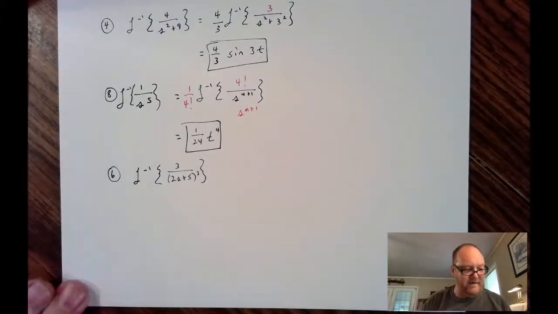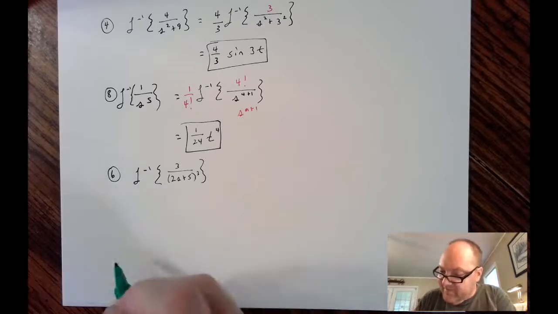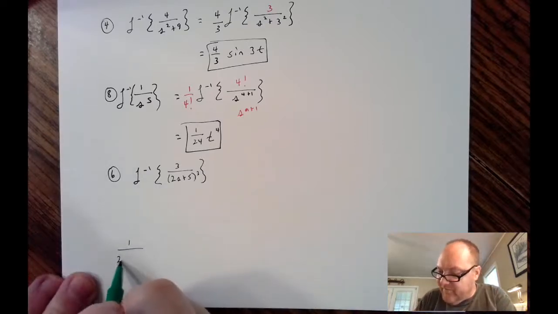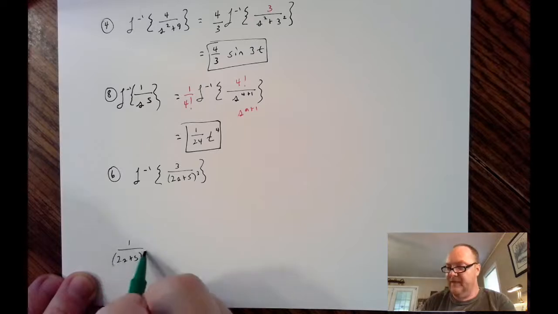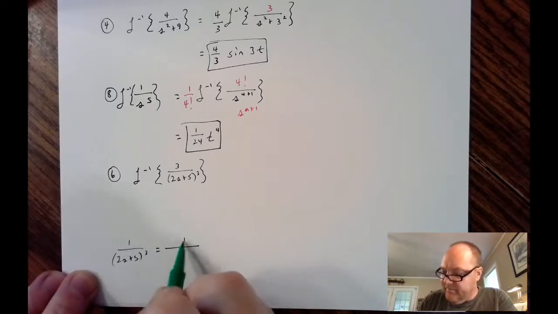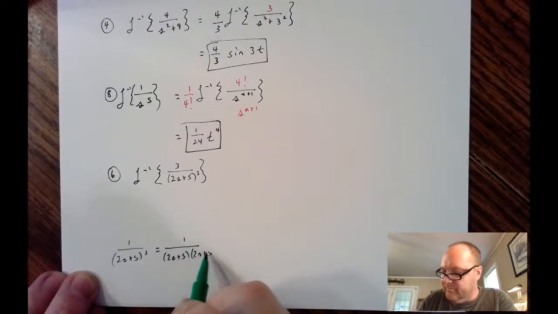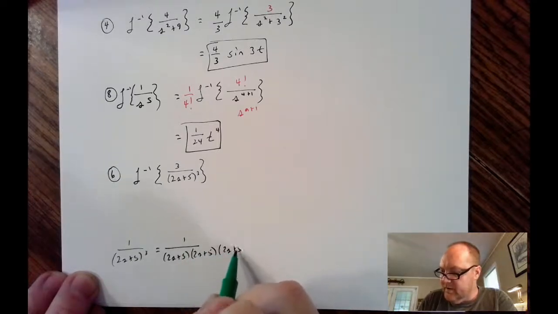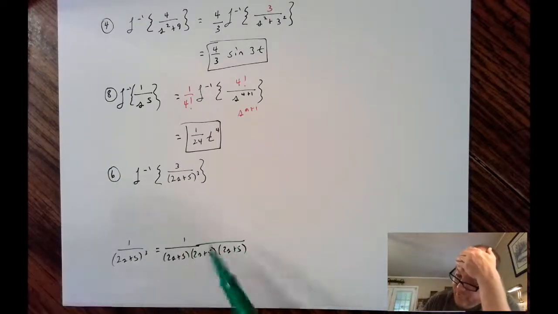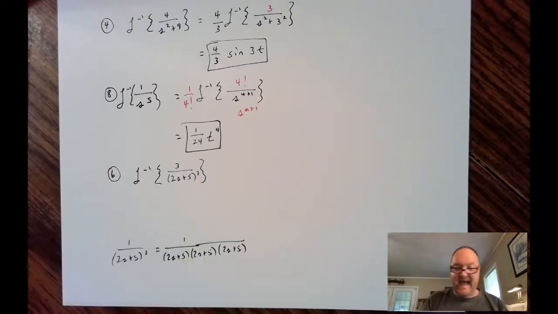Let me write in another color. Maybe you can see these other colors. If I just think about that as being 2s plus 5 to the 3rd power, alright, if it was just one of those, it would be real easy to multiply through by, say, a half.